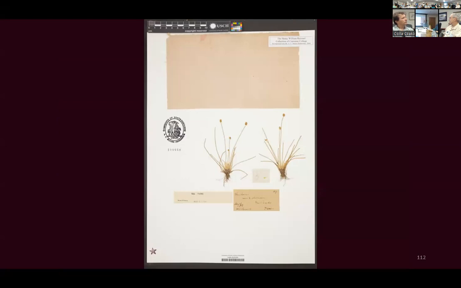But this is usually what you see, little magnifications of this grass that Henry Ravenel did. There are very few that have a collection like that, and his initials are on it, so he did it.